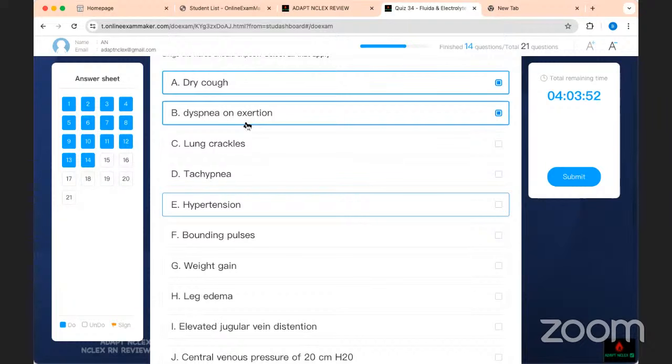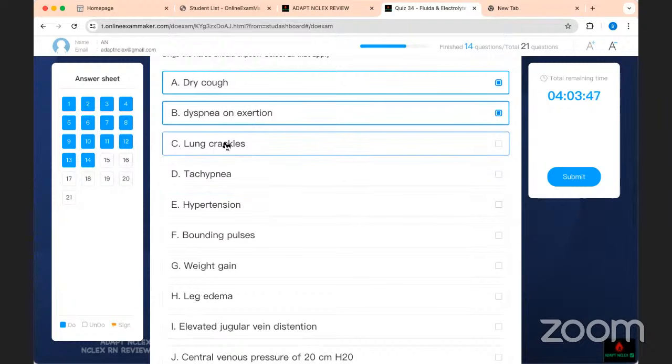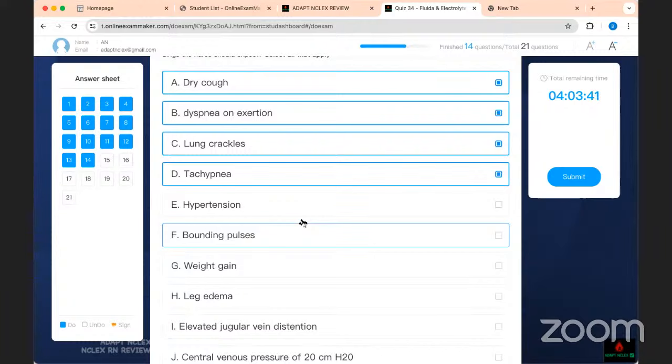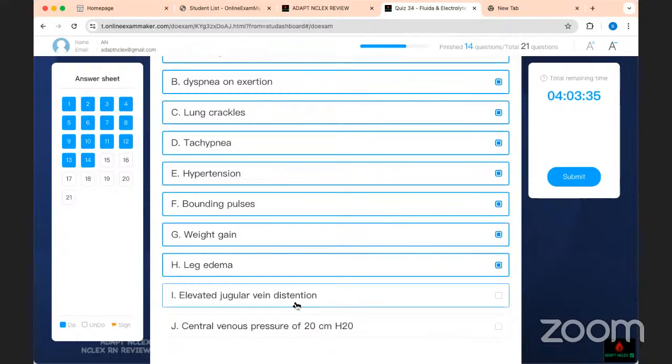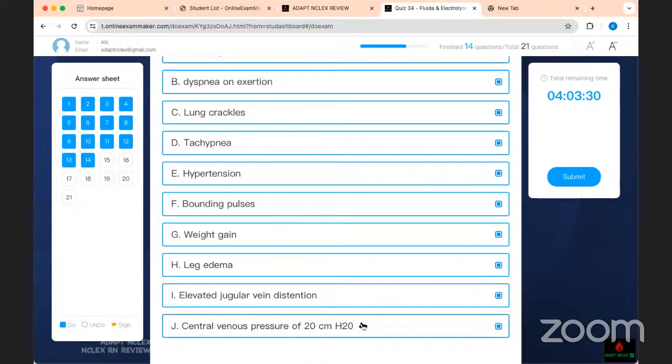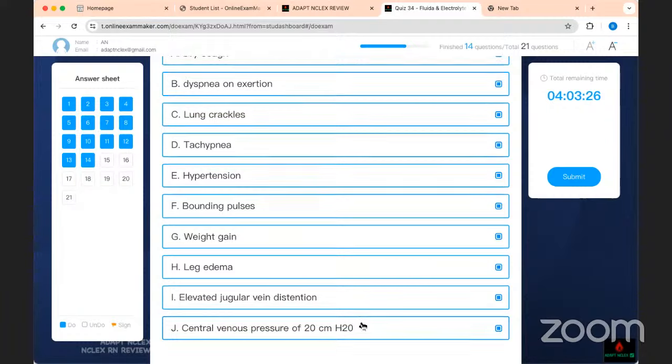Dyspnea on exertion is consistent with that. In your lungs, you're going to have crackles, right? You have tachypnea. Your blood pressure goes up. Your pulse will be pounding. You're going to gain weight. Leg edema. You're going to have JVD. You're going to have central venous pressure of 20. Usually normal is less than 8. But it's a select or apply question.